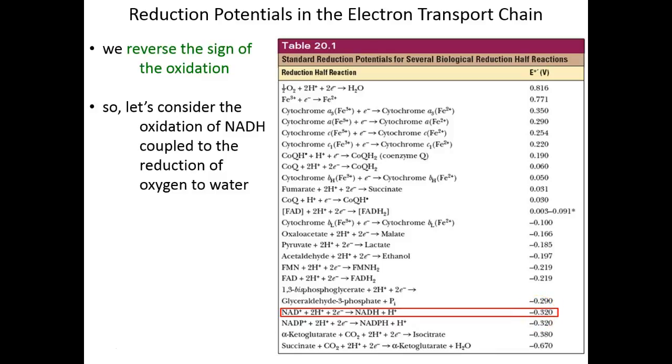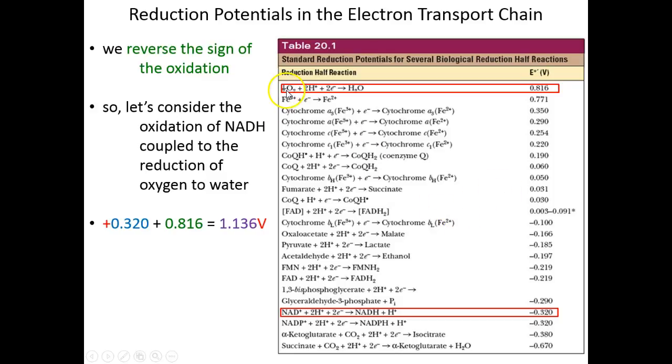Let's go a little further. Let's consider the oxidation of NADH coupled to the reduction of oxygen to water. Here is the reduction of oxygen to water. If we're considering these reactions as coupled, we combine their reduction potentials. So if we're saying, all right, let's keep oxygen being reduced, so we keep this sign the same.